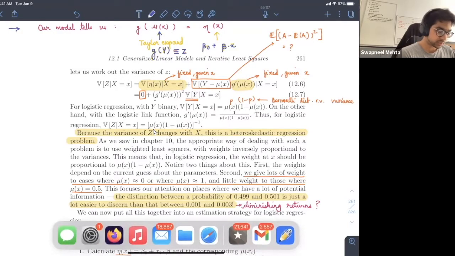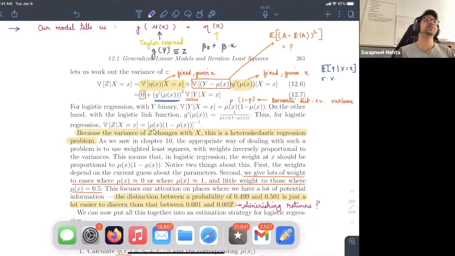I'm not sure why this comes out exactly. Maybe I'm missing something super simple. Like I've written here, fixed given x. But isn't the expected value of y given x equal to x, and this is a random variable? I wonder.